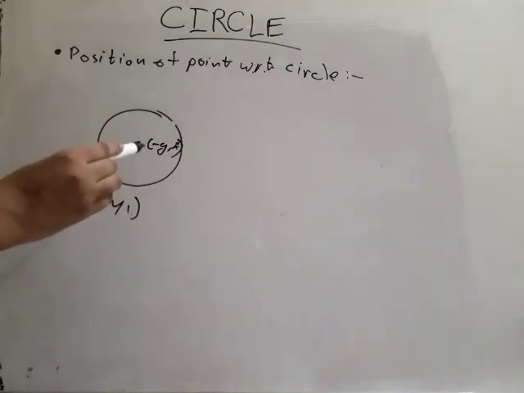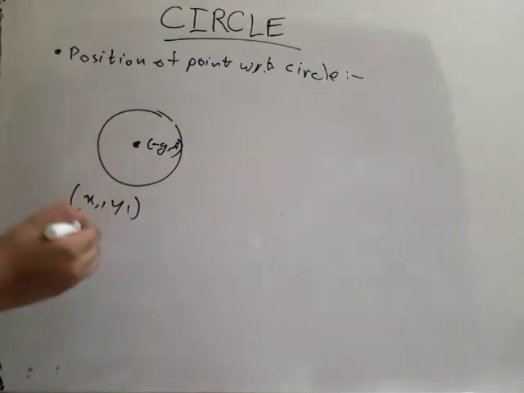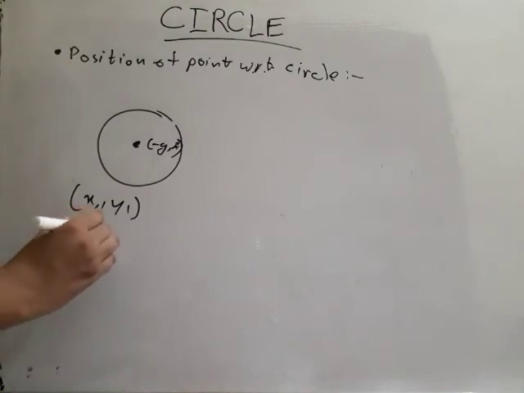Conceptually, we have derived the equation such that it has x minus h whole square plus y minus k whole square, like that. So we have the coordinates of the center, minus g comma minus f. We take out the distance from this point.